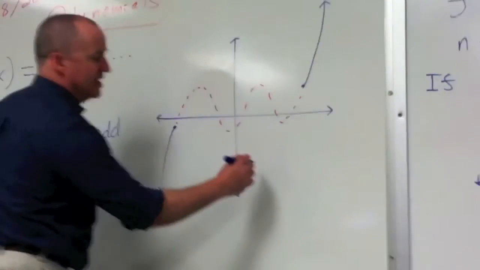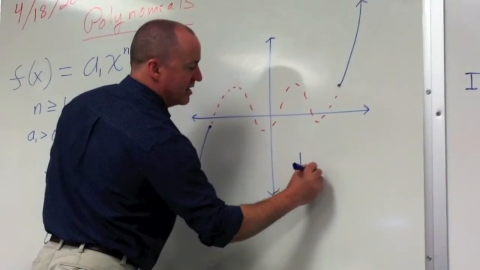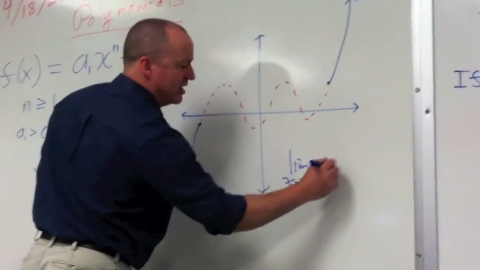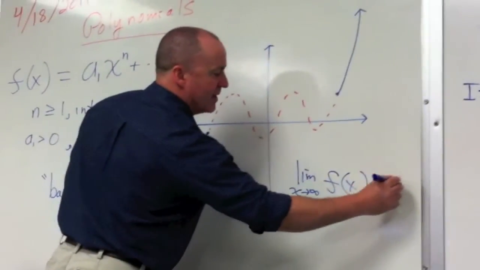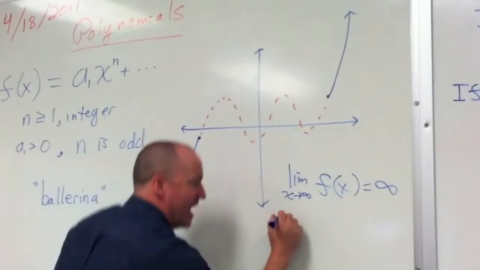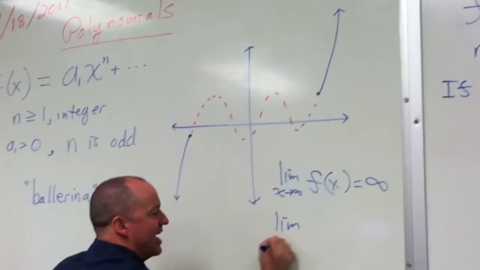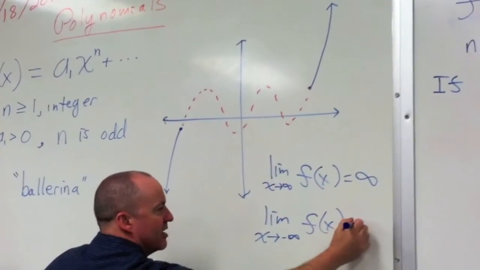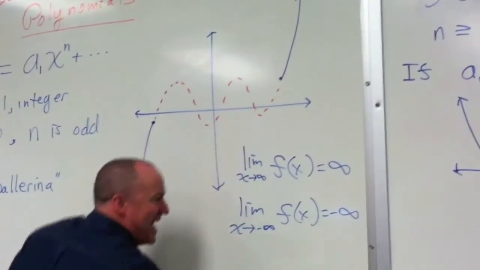The notation is the limit as x goes as far to the right as you can imagine, f of x goes up as high as you can imagine, and as x goes as far to the left as you can imagine, the function goes as far down as you can imagine.